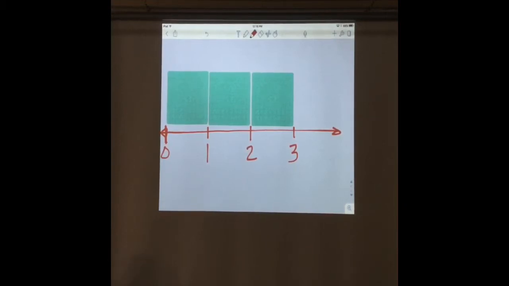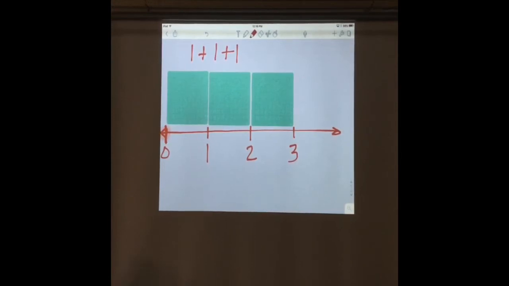I'm going to use my highlighter, and let's say my problem is 1 plus 1 plus 1. Does that make sense? Yes. Now, where would I first put my dot on the number line before I even start this problem? I could put it on the 0, right?